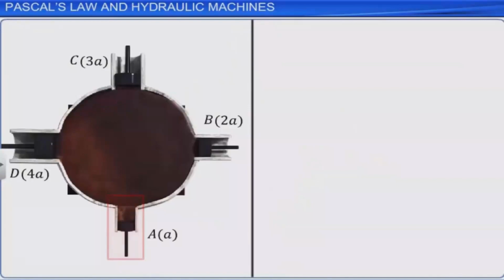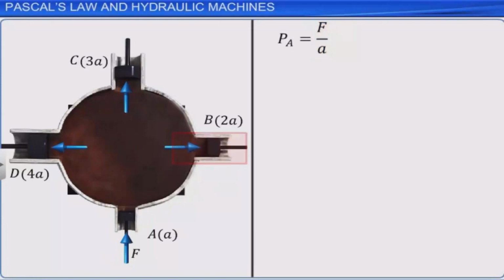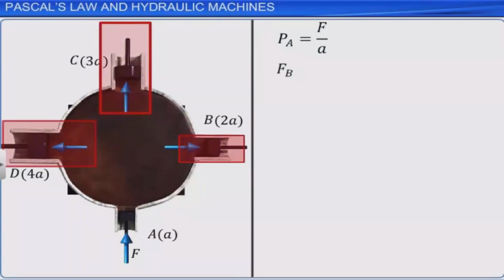Let piston A be pushed with the force F. Then the pressure on the piston is F by A. Pistons B, C and D move out due to this pressure. However, pistons B, C and D can be held in their position only when the forces applied on them, that is, FB, FC and FD are equal to 2F, 3F and 4F respectively.